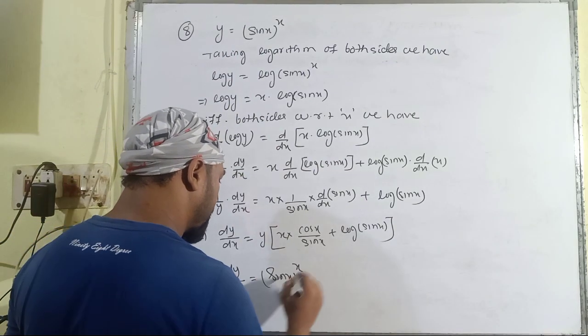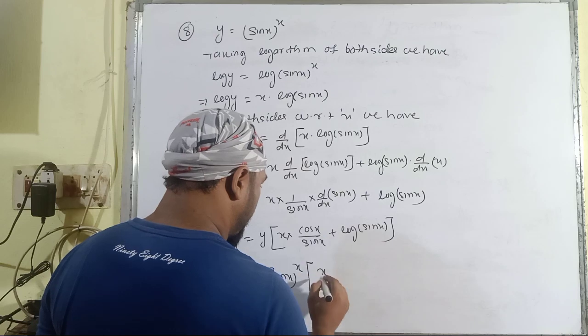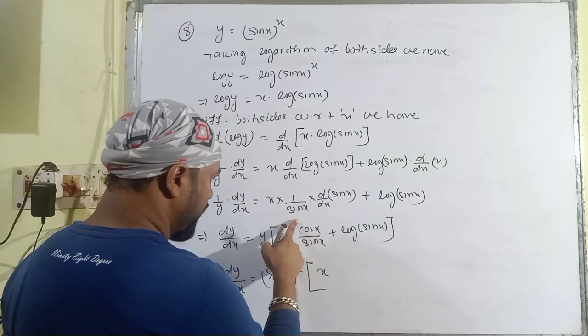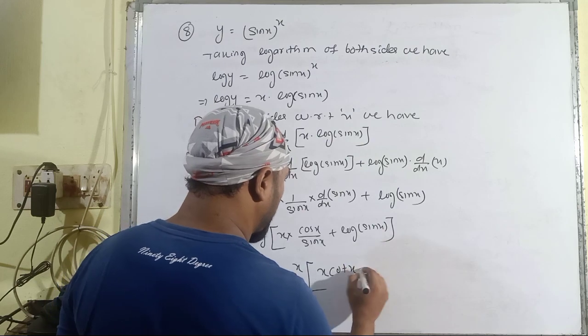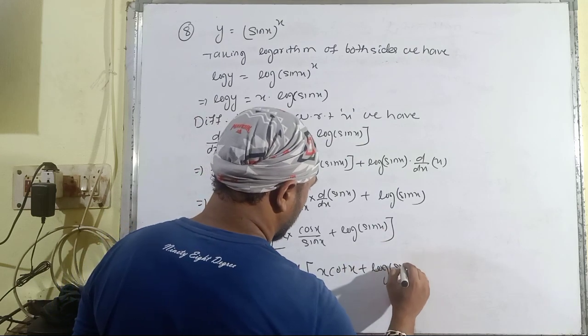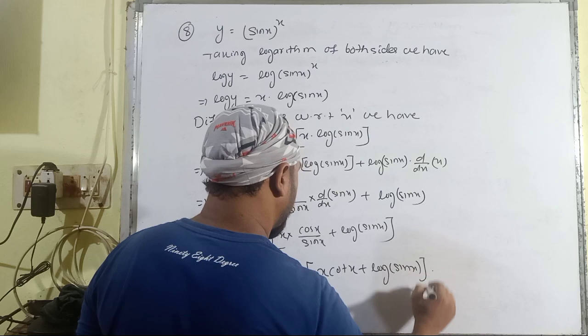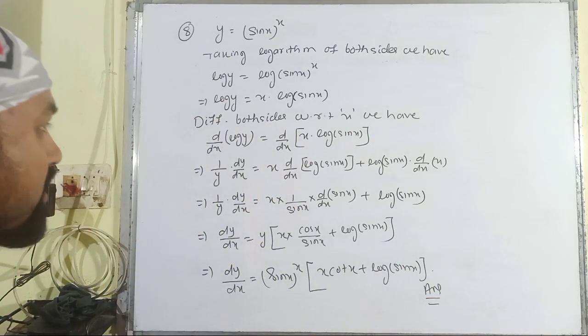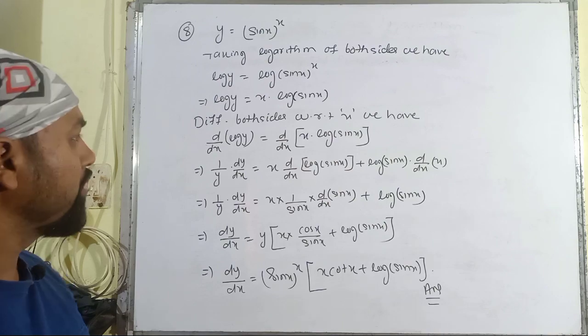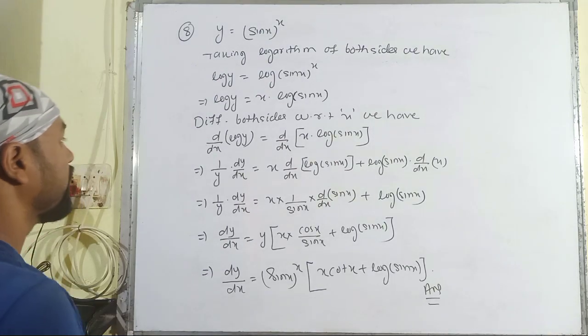Sin x to the power x multiplied with x. The value of cos x divided by sin x, it is cot x. So x cot x plus log sin x, and this will be the answer for the problem number 8. Then moving towards the problem number 9.